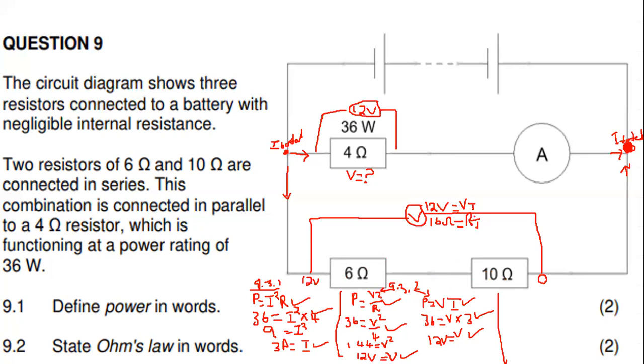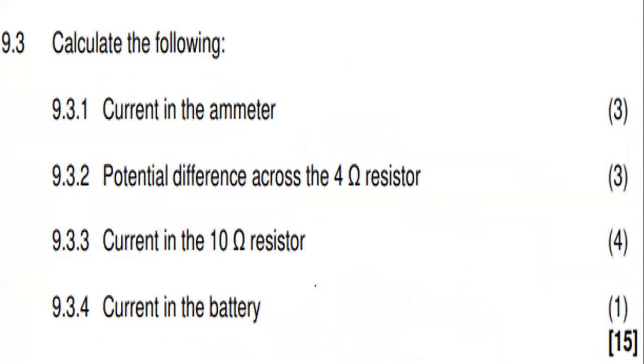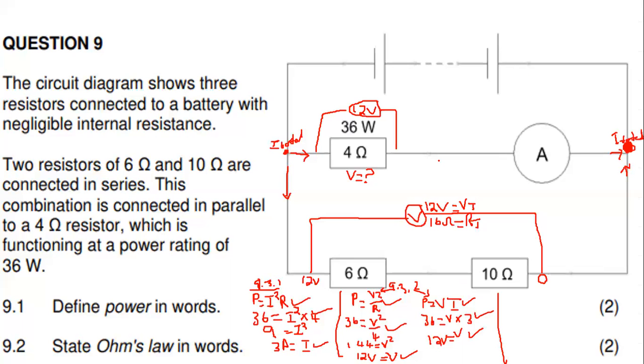So now, if I know this, then I can calculate the total current flowing only in this lane altogether. So for the current that is flowing in this lane, I would have said, okay, now I'm doing 9.3.3. For that lane only, R is V over I. The total resistance of this pathway is 16, and the total voltage of this pathway is 12.